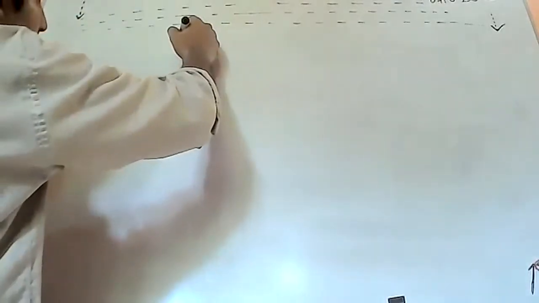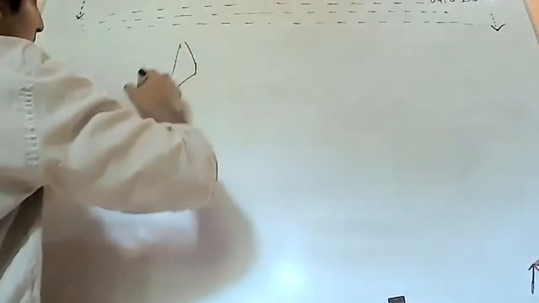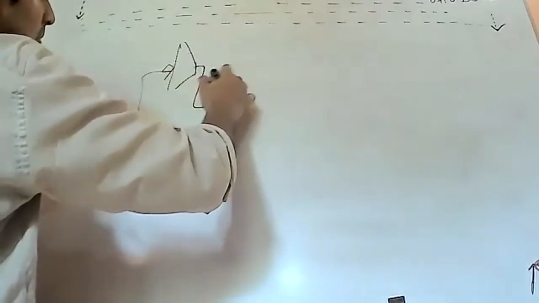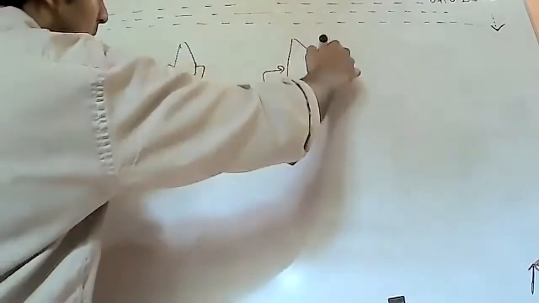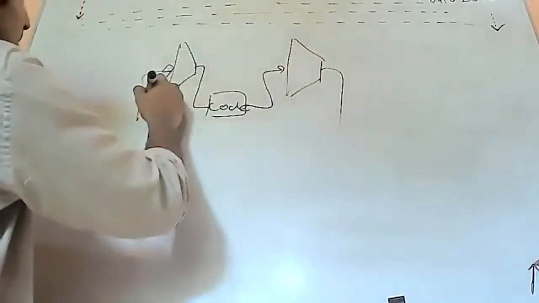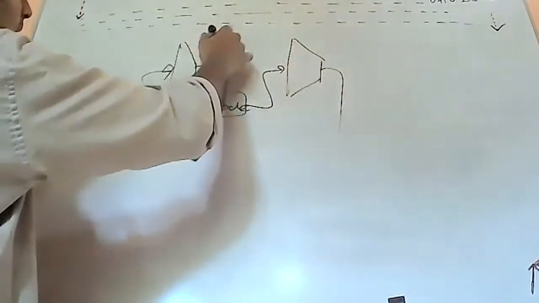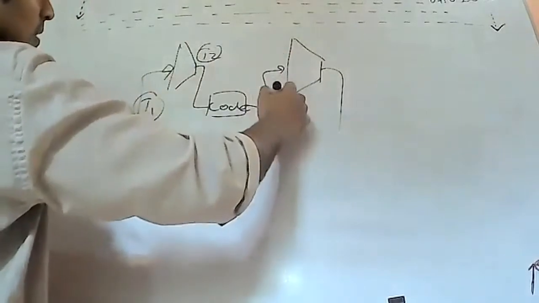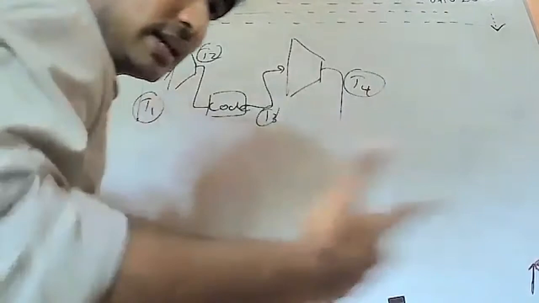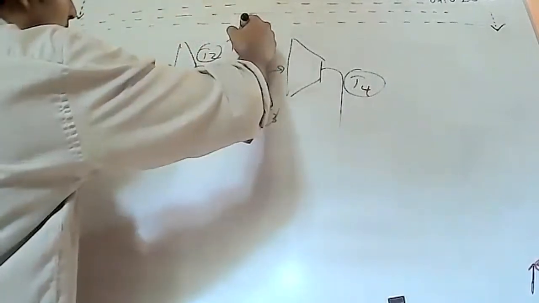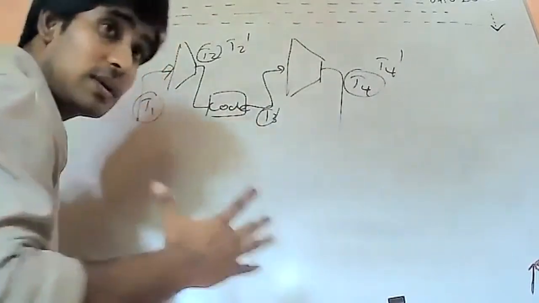This is one compressor, this is the cooler, then this is the second compressor. But nothing much to worry about. This input is T1, this is T2, this input is T3, this is T4. According to the actual scenario, T2 becomes T2 dash and T4 becomes T4 dash, right? So here you have to consider the total compressor work.